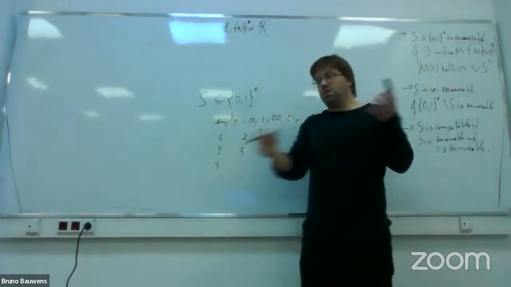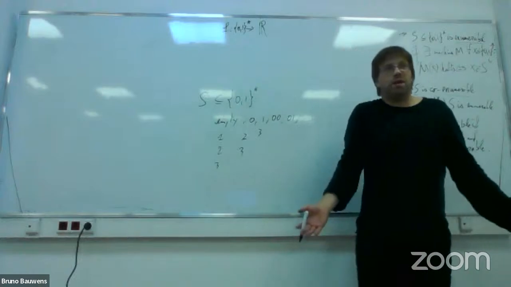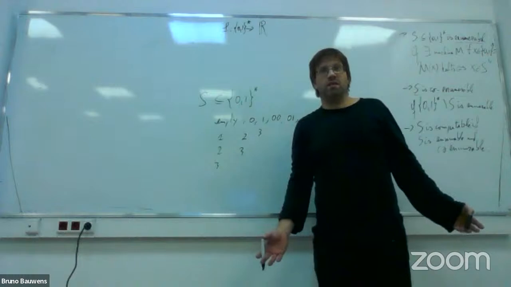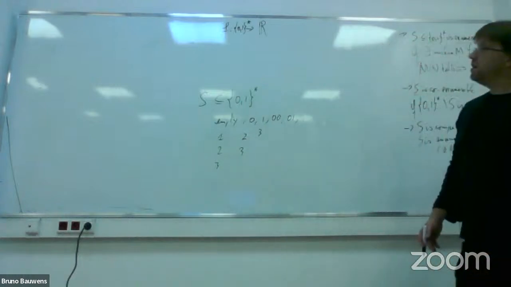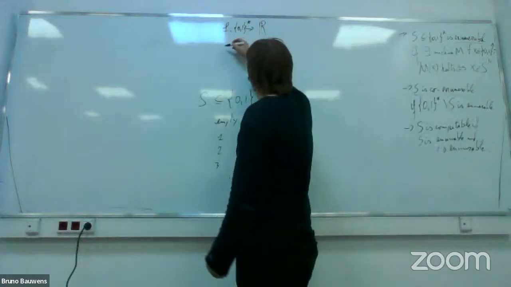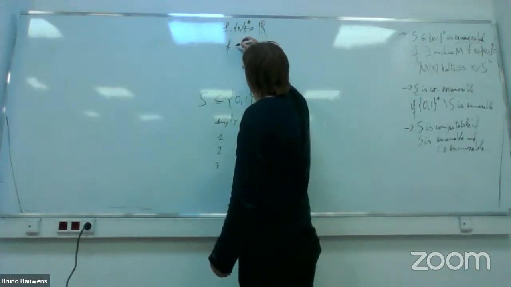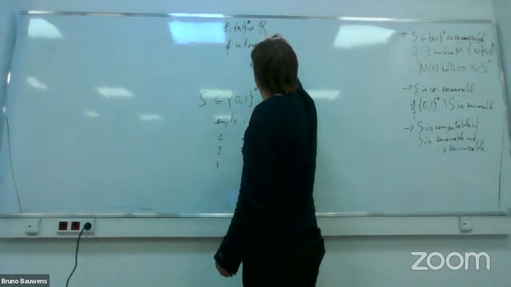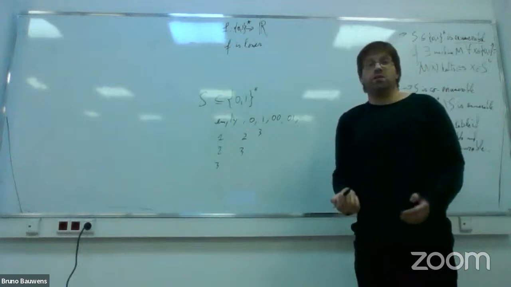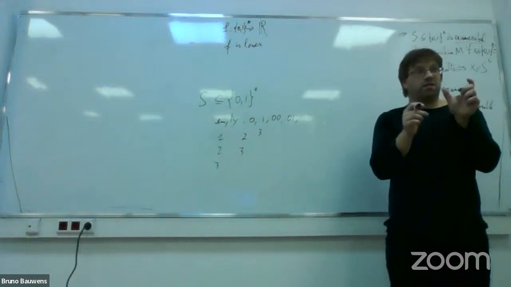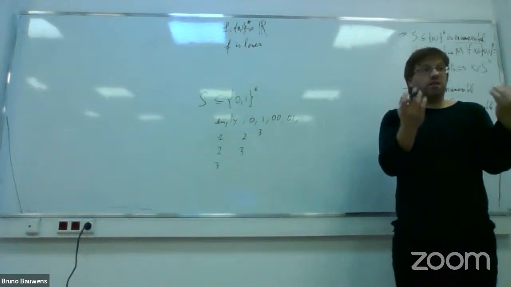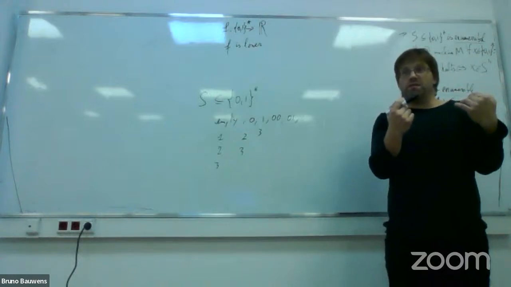Because a real number can be like a random real number, it's an infinite amount of information. So we say that f is lower semi-computable. That means that we can approximate f from below. If all input-output pairs with the output smaller than f, the lower graph, is enumerable.